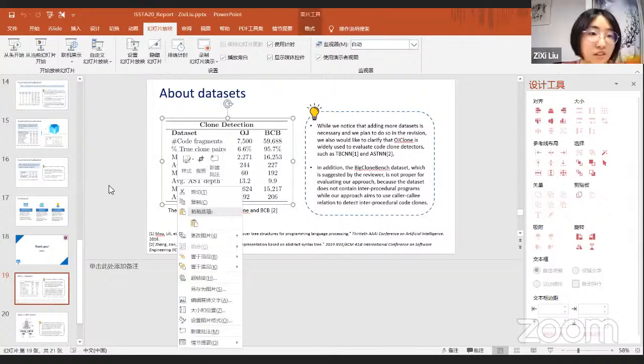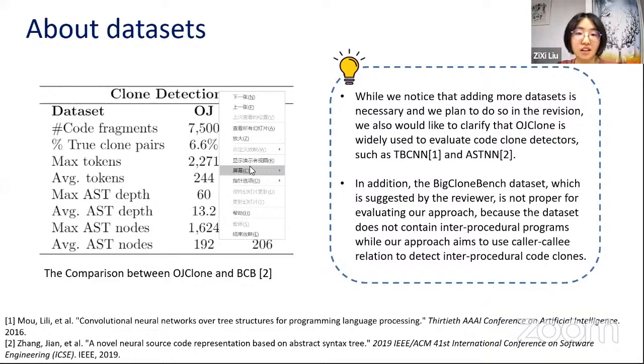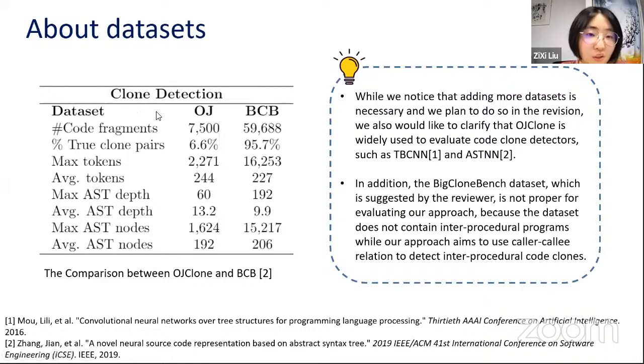I assume this is something about the data set. We conduct our experiments on the OJ clone data set. The students need to provide their source code to solve the same task.